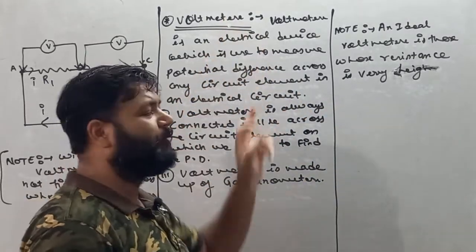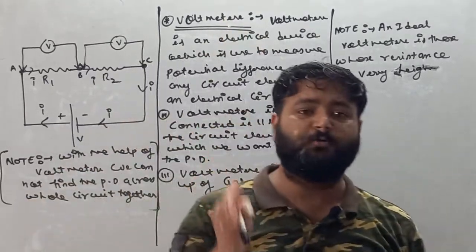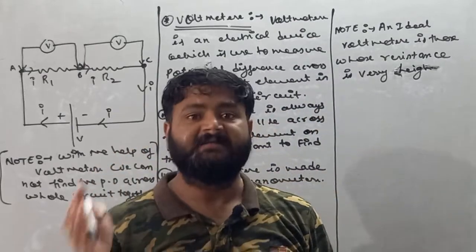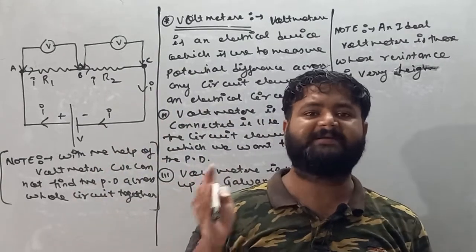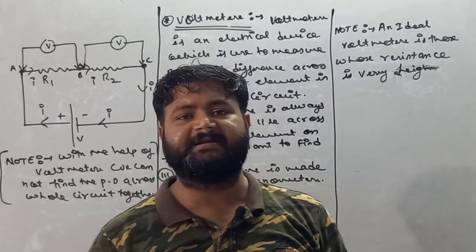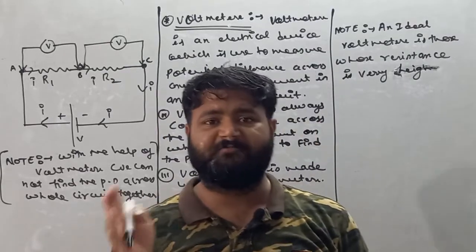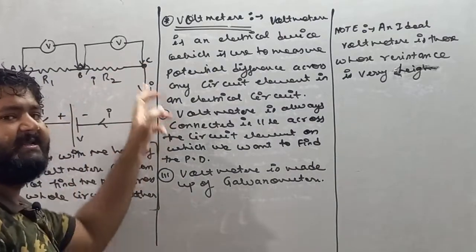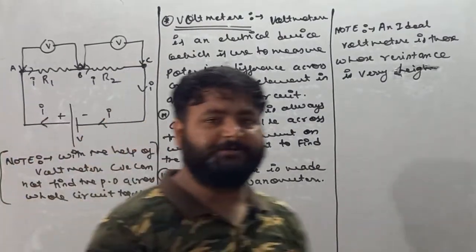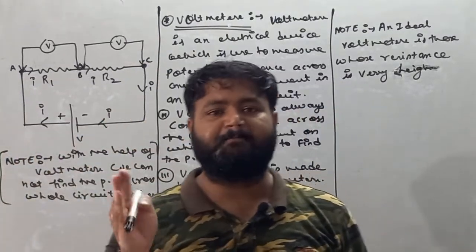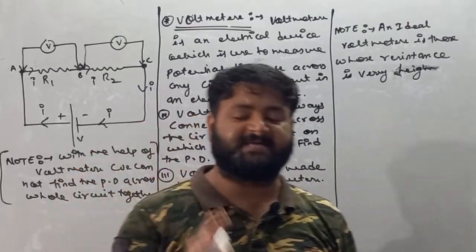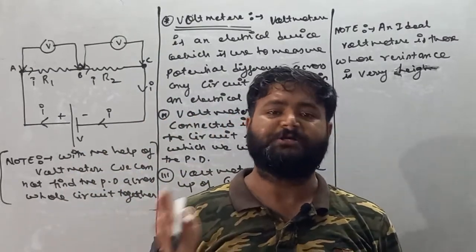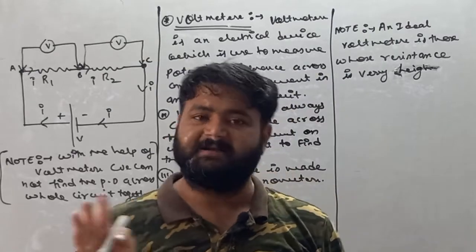student, voltmeter is a device whose resistance must be high. Then only voltmeter can give you the accurate reading of potential or voltage across any circuit element in an electrical circuit. And voltmeter is always connected parallel to that circuit element across which you want to find potential difference.